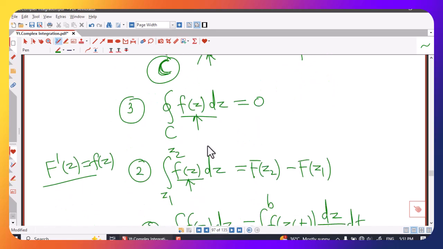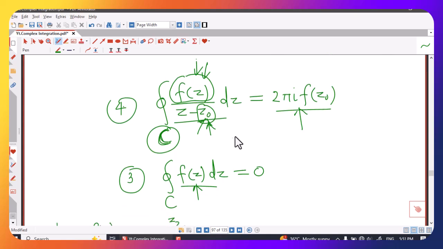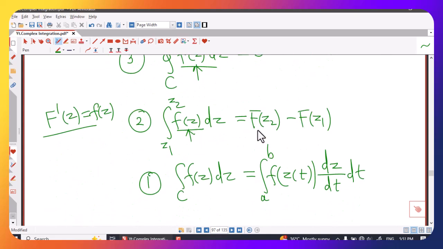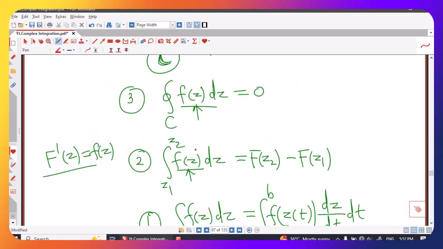So be careful, you have to apply appropriate integral formula according to the conditions satisfied. If your function is not analytic, then you have to go by definition. If your function is analytic in a simply connected domain, then its integral is independent of path of integration, and you can use its antiderivative to find out the value of integral.